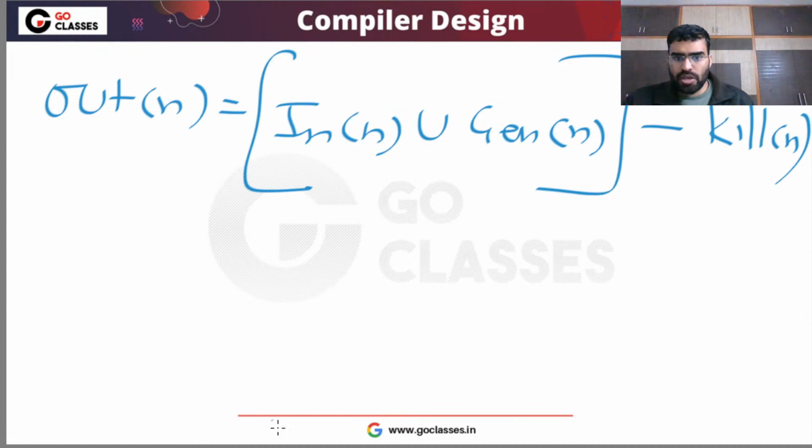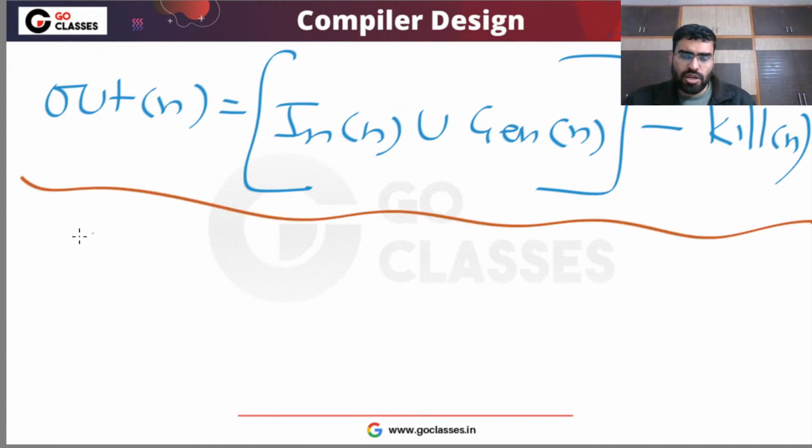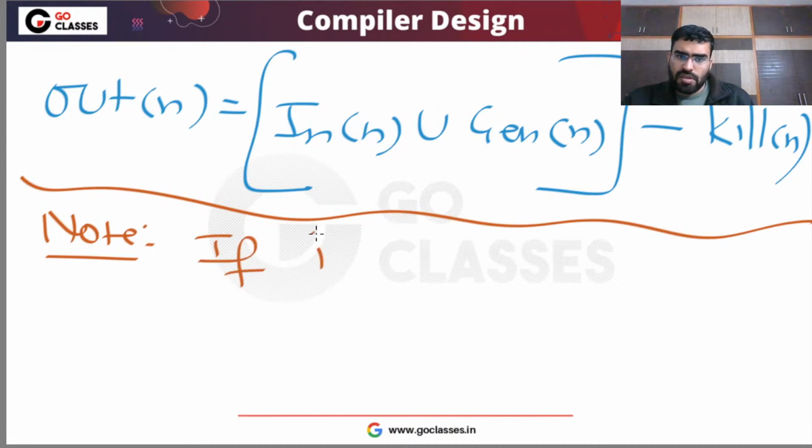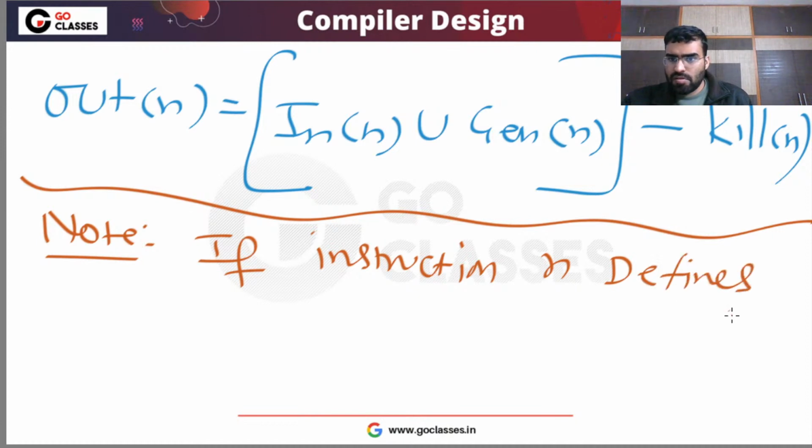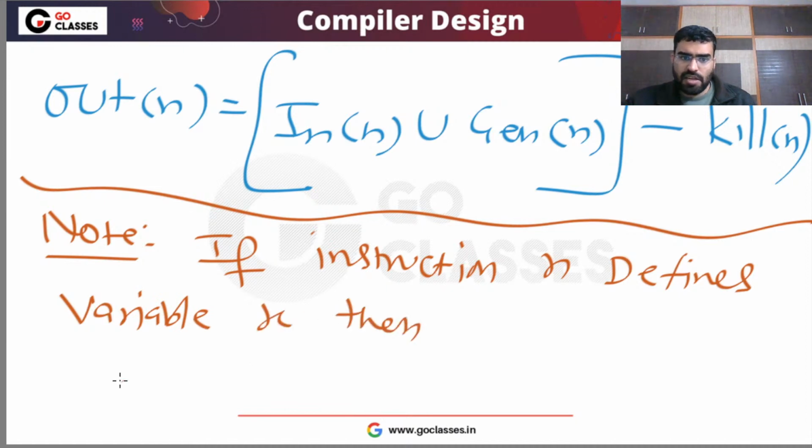Also note, if instruction n defines variable x, then what is kill of n?